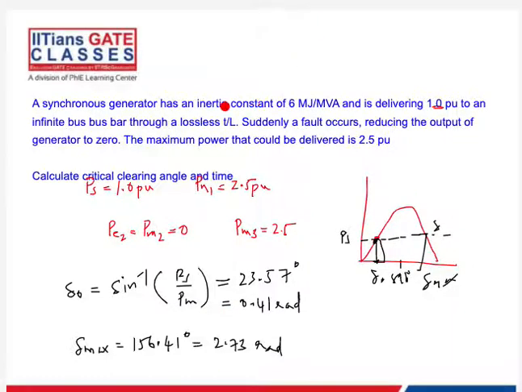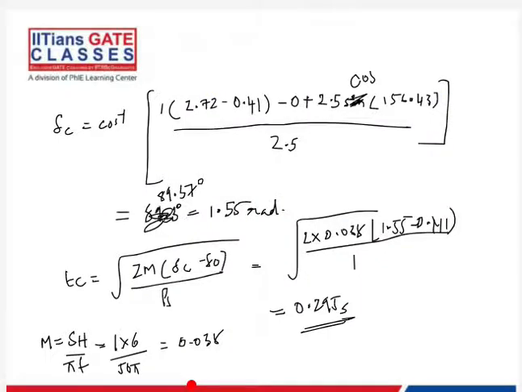What is H? H is the inertia constant, 6 MJ/MVA. That's okay. I'll give you one more question from the concept of inertia constant. Have you guys taken this down? We'll do one more question and then we'll proceed to the next topic.